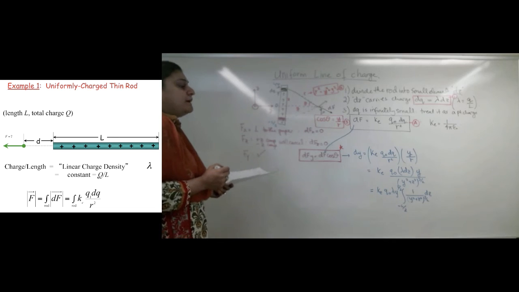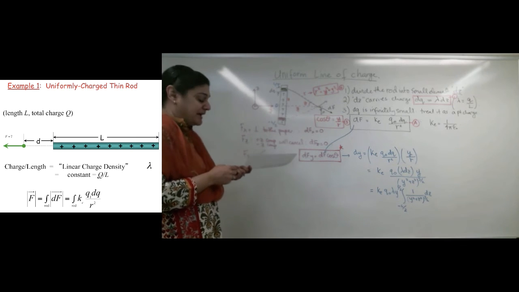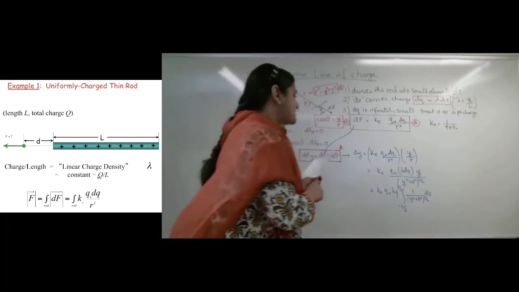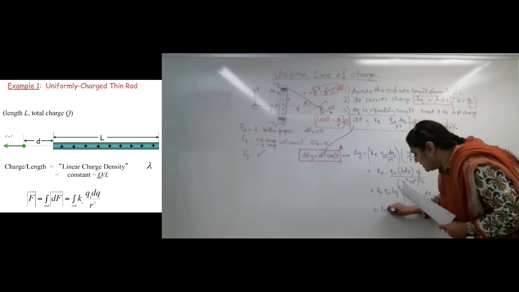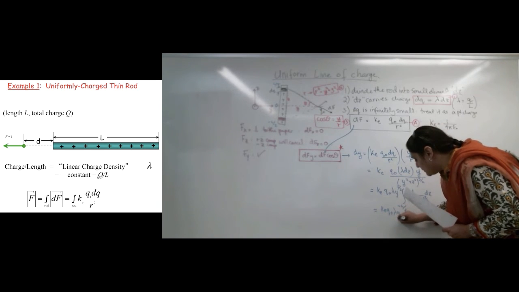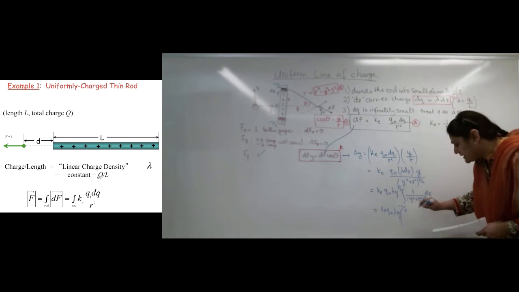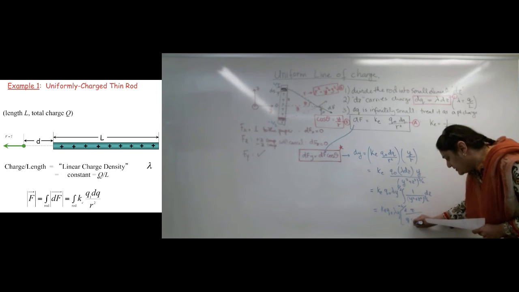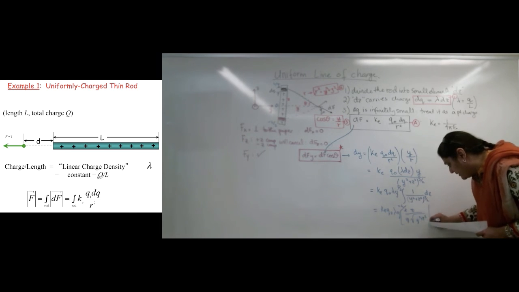Now this integral is kind of complicated, but you can find the answer in Appendix 1. I believe it's number 18. So the answer is going to be k_e q naught lambda y times the integral, which gives me z divided by y squared times the square root of y squared plus z squared, from minus L by 2 to L by 2.